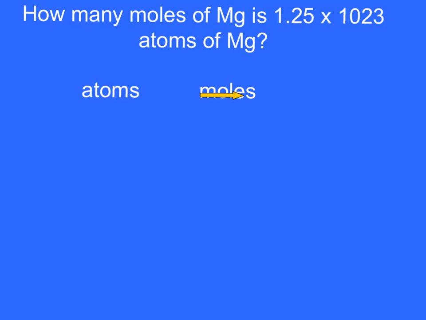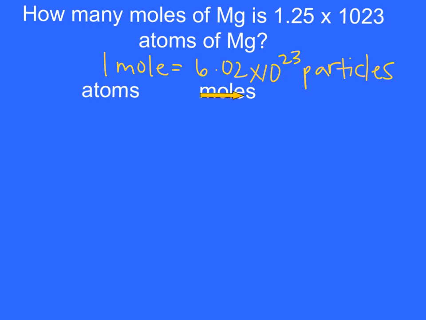Now we're going to practice using that first conversion that I just talked about: 1 mole equals 6.02 times 10 to the 23rd particles. In this question, it's asking how many moles of magnesium is 1.25 times 10 to the 23rd atoms of magnesium, okay? We're starting off with atoms, which is a particle.